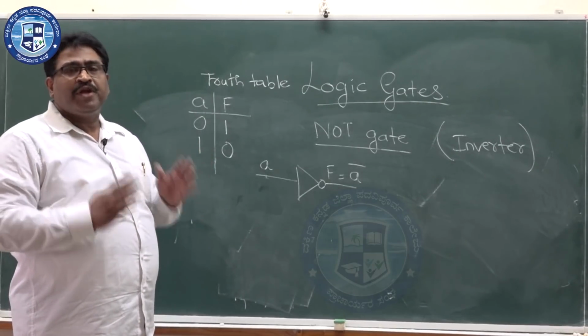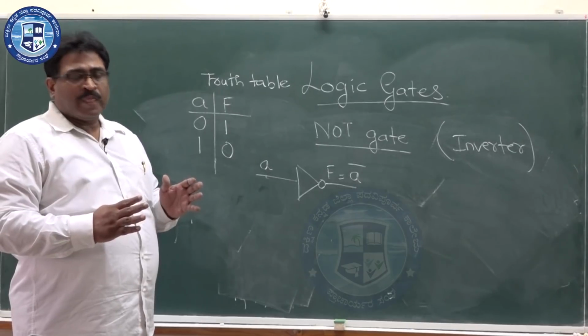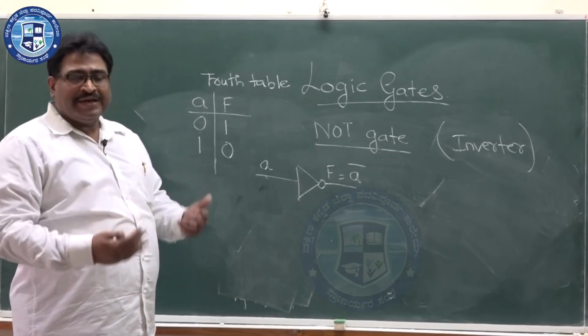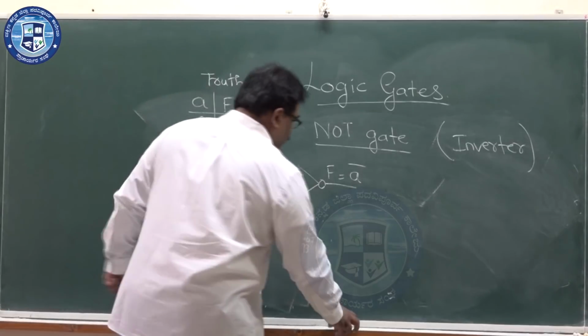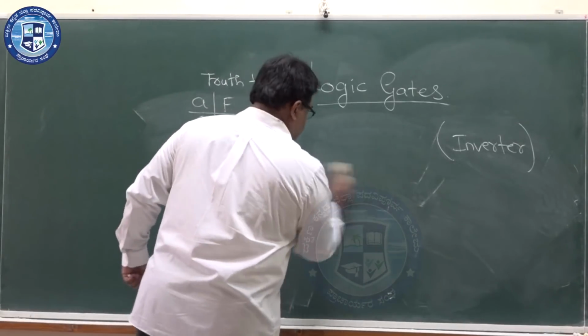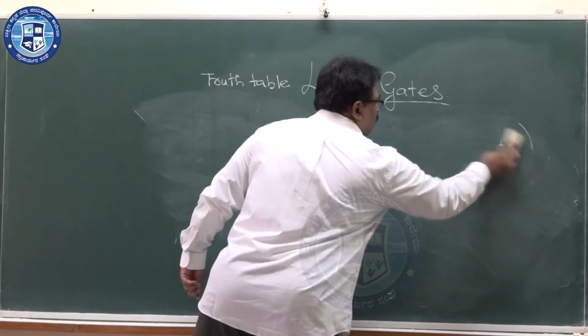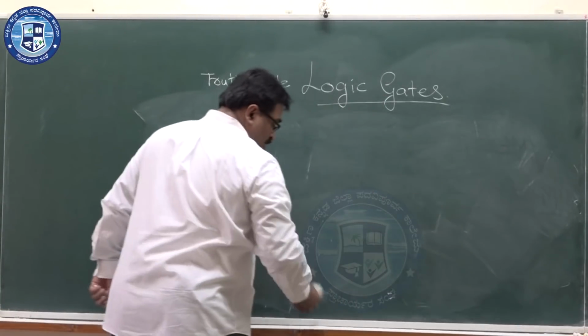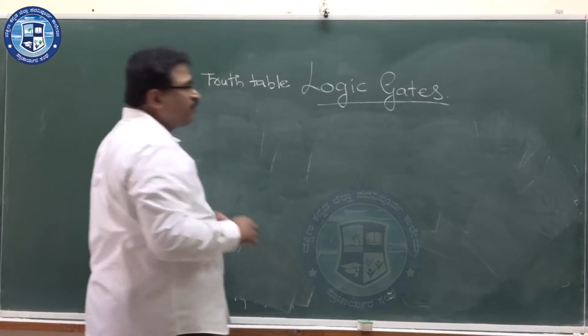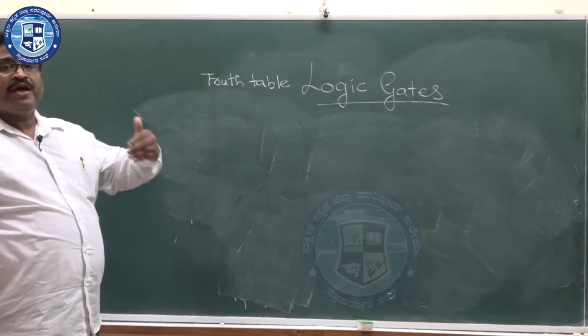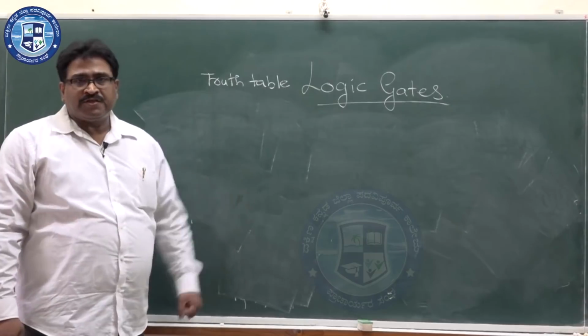All three gates are very important. So now we will be going into the derived gates. If you remember, the derived gates are the gates that have been derived from the basic gates.